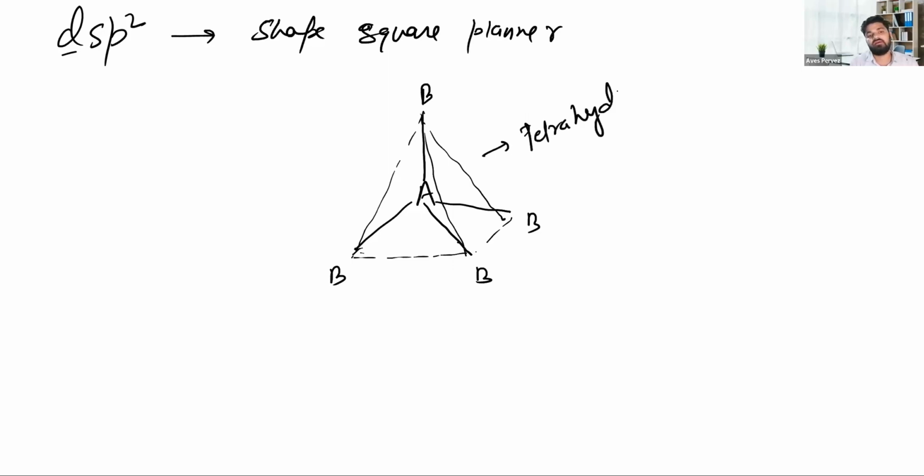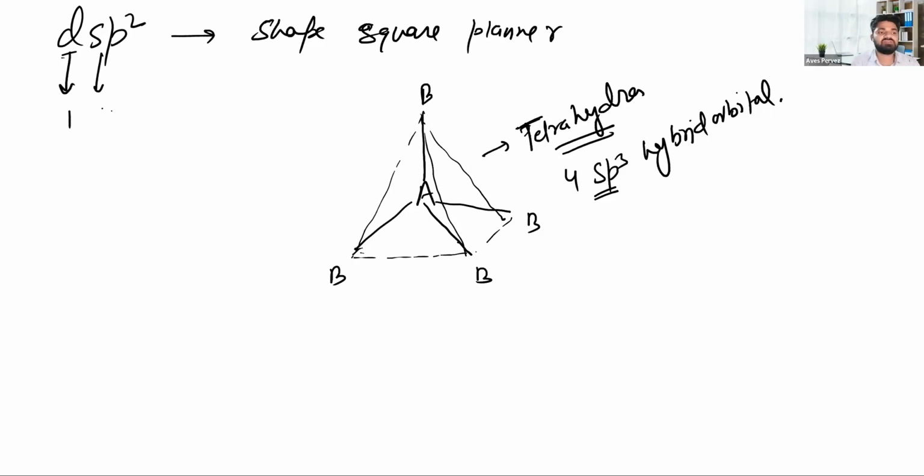Tetrahedral. This also has 4 hybrid orbitals, 4 sp3 hybrid orbitals. But if we have dsp2, here d is 1, s is 1, and p is 2, so we will get also 4 hybrid orbitals.